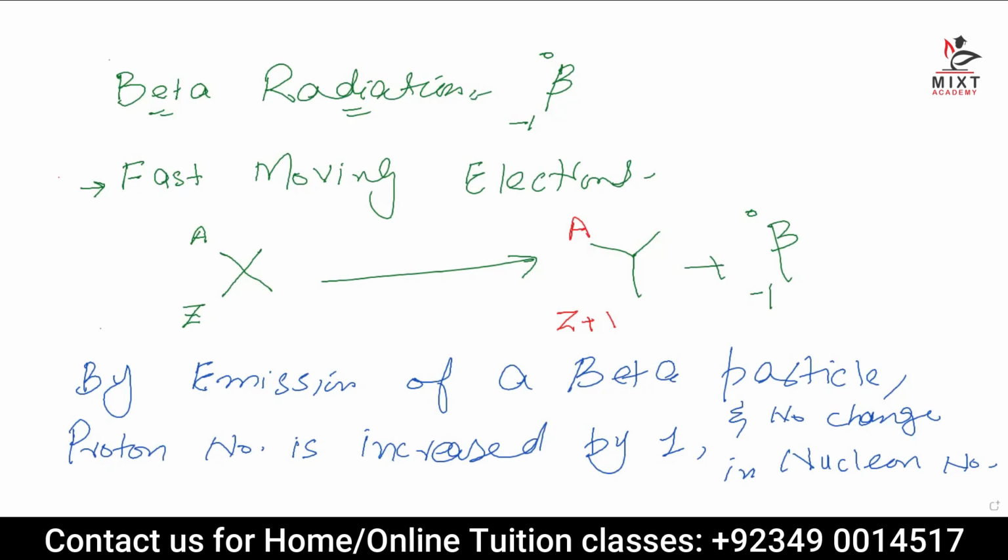Now let me ask a student. Sir, so A stands for nucleon number and Z stands for proton number, right? Yes. Okay. Any other questions, students? In an exam, the equation would be given and you have to complete it.